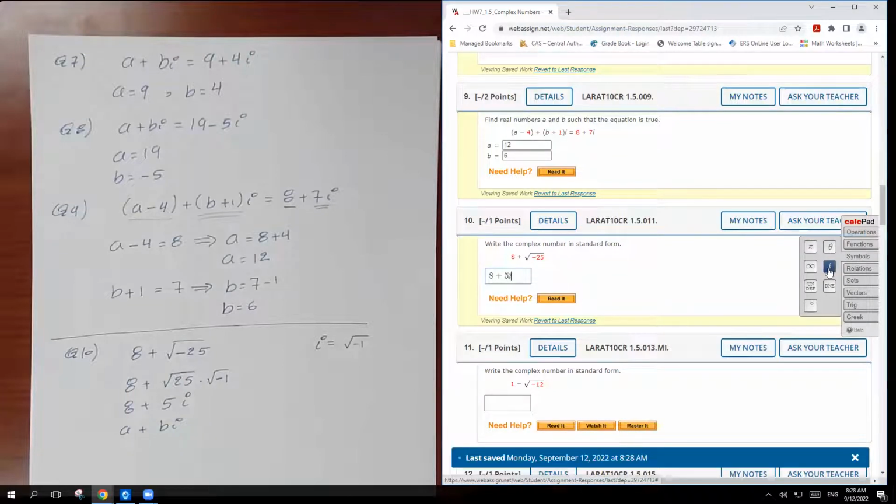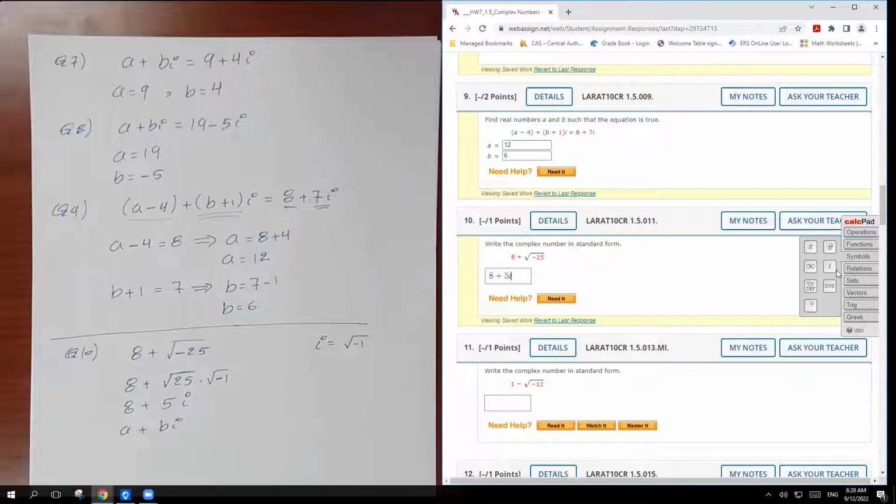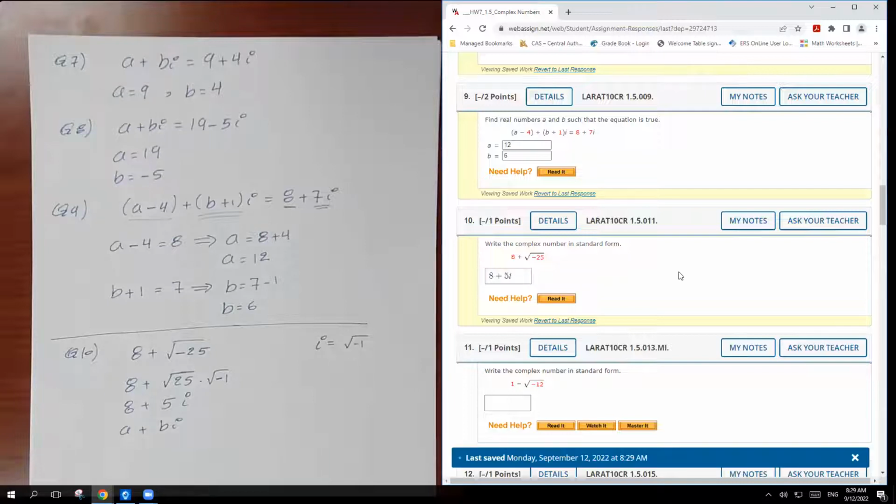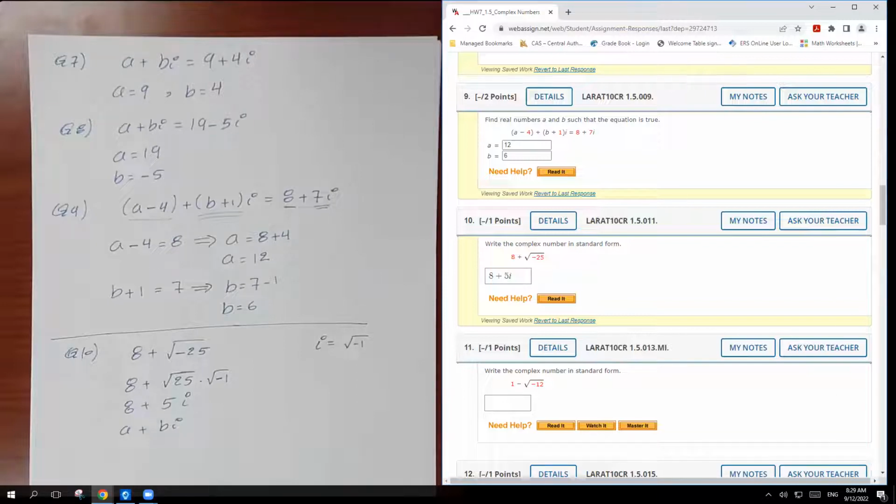Here's the i. I think it's the same i. We're going to check that when we finish. You can just press i on the keyboard. It's going to be the same i, just to make sure. Any questions so far? We're going to do the same thing on 1 minus the square root of negative 12.